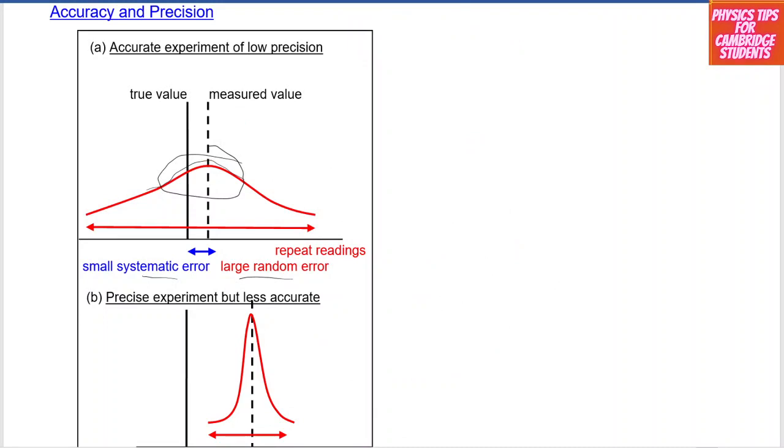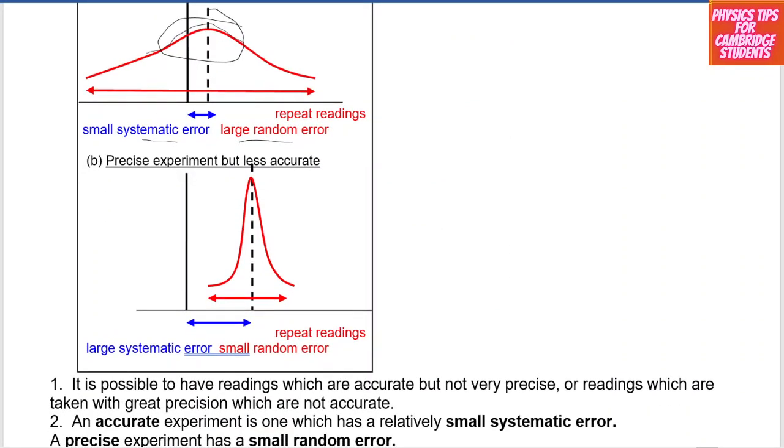Then we tend to have values that are precise but less accurate. In other words, the true value is this one, and the values are scattered over there, which means they are far away from the true value. So there is a very small random error in terms of the scatter of points, as you can see.